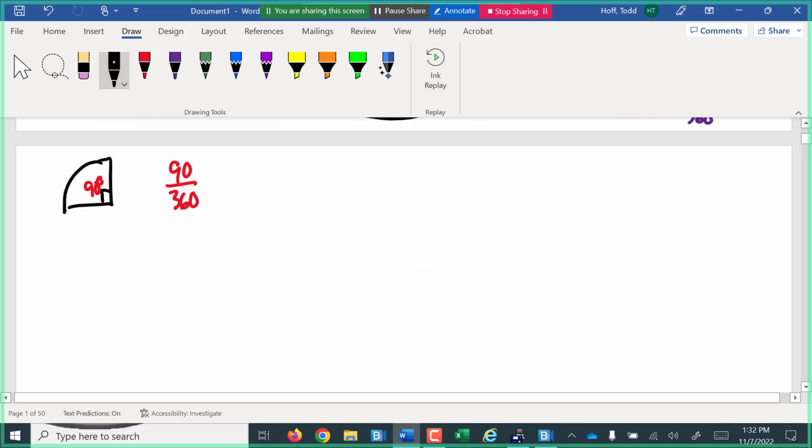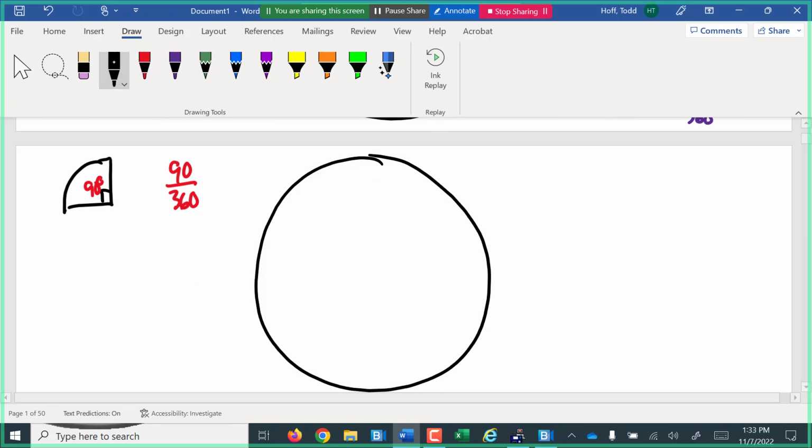So now using this formula, this idea, we can look at what if this angle is 110 degrees and the radius here is 8 inches.